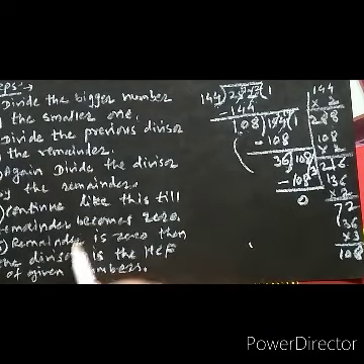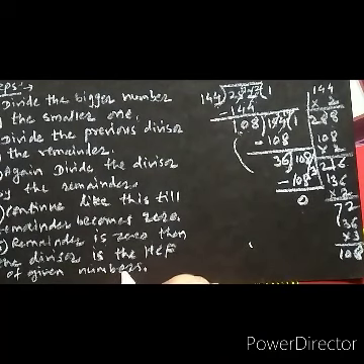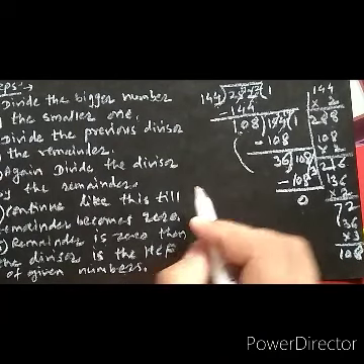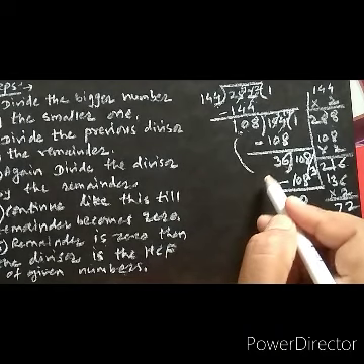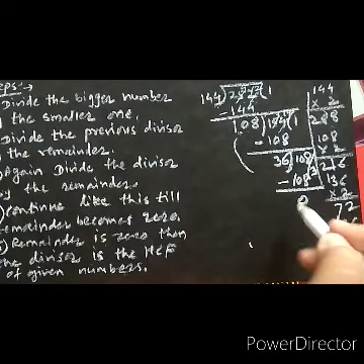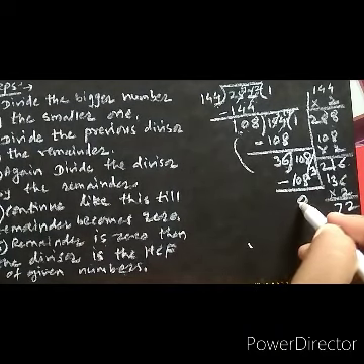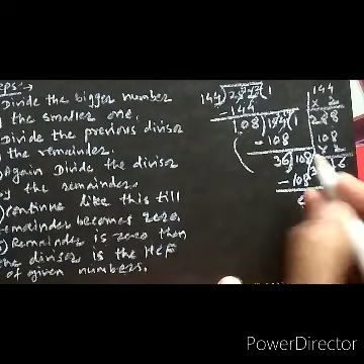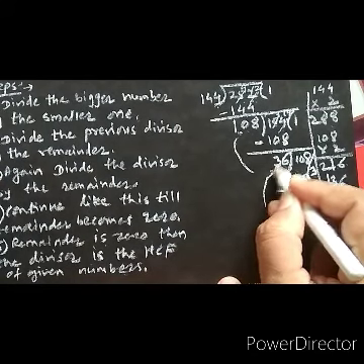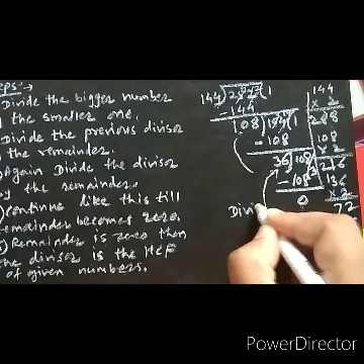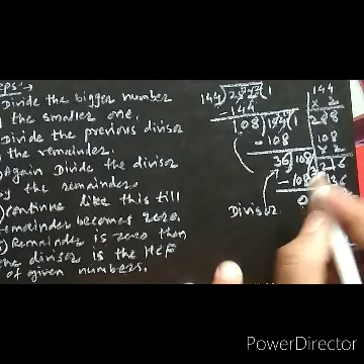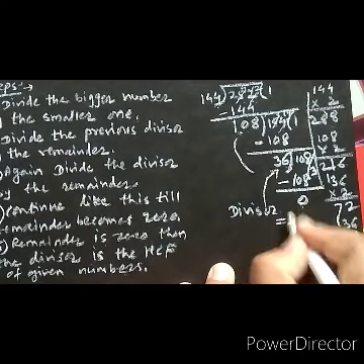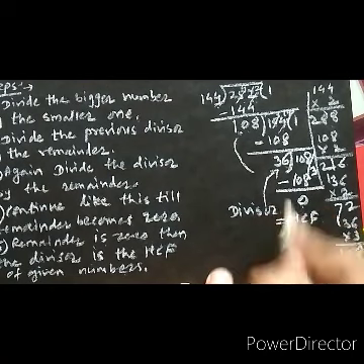See, when the remainder is 0, then the divisor is the HCF of the given numbers. We continue these steps till the remainder becomes 0. So here we got remainder 0, and therefore we take this divisor, which is the HCF, that is 36.